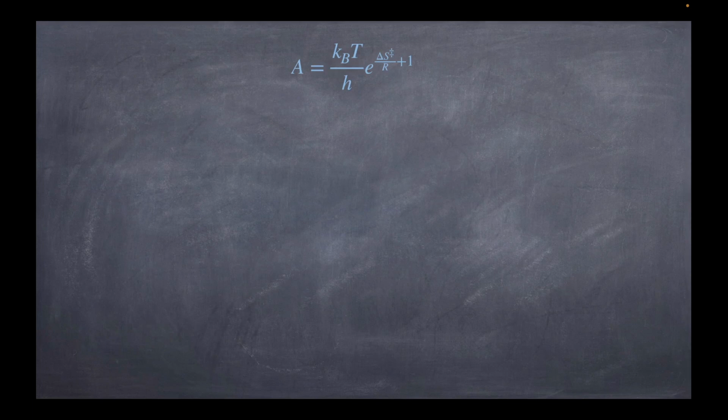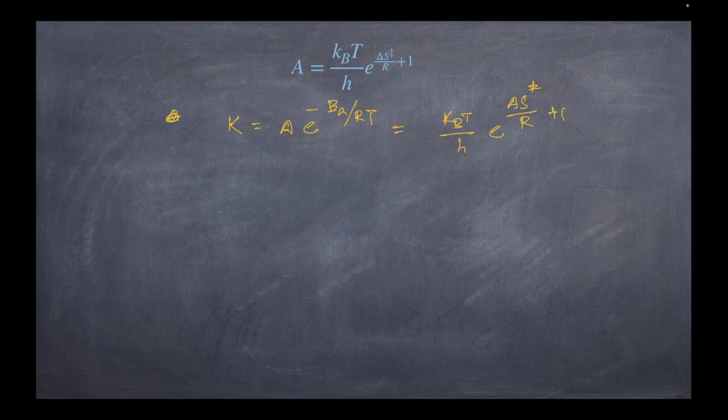Let's first write the pre-exponential factor. We know from the Arrhenius expression, and from transition state theory, the rate constant. We can express the rate constant k equal to A times e to the power minus EA divided by RT. A is the pre-exponential factor, and from TST we got the expression of A as kBT divided by h times e to the power of delta S double dagger divided by R plus 1.